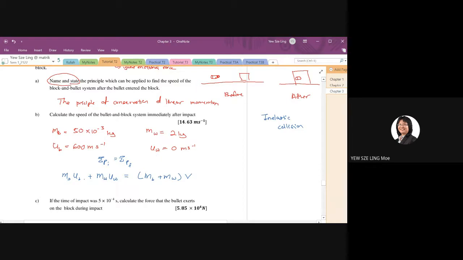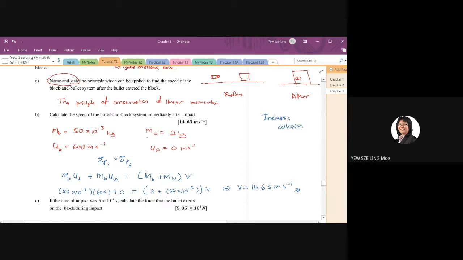Initially, I have 50 times 10 to the power of negative 3 times 600 plus 0 equals 2 plus 50 times 10 to the power of negative 3, times V. Rearranging the equation, V equals 14.63 m s negative 1. So this is the final answer, and this is how you solve it.